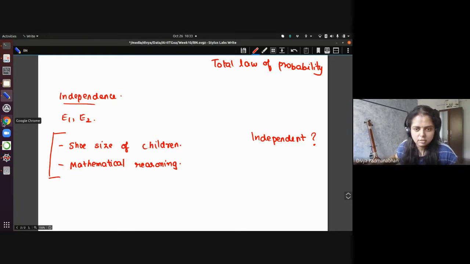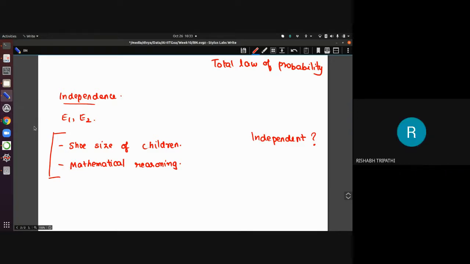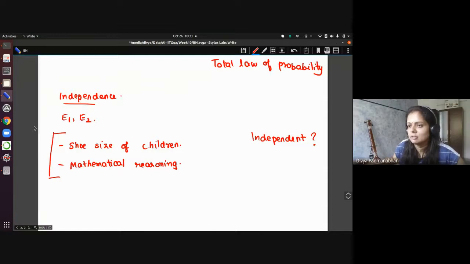Ma'am, Rishabh, what's the conflict? Yes, tell me. Ma'am, I think if the shoe size... Ma'am, I can't give any answer regarding this. Okay, but tell me what's the confusion? What's causing the conflict? Let's discuss that, that's also a useful thing. What are the possible ways you're thinking? Let's see that.